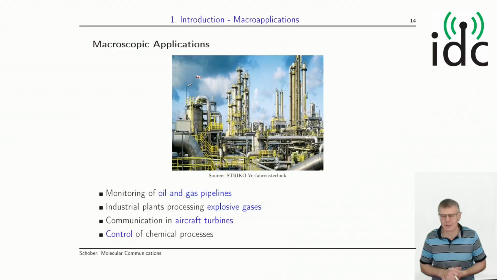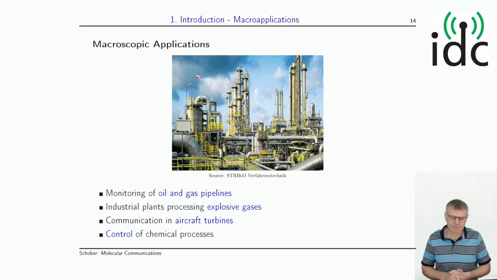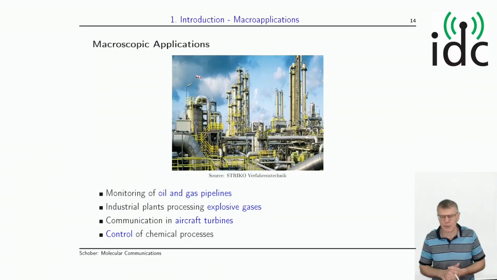And this led to macroscopic applications, or the search for macroscopic applications. And here several proposals were made. Mostly they tried to benefit from the different properties of molecular communication systems, that allow these systems to operate in environments where electromagnetic systems cannot operate, such as in liquids or in explosive environments.